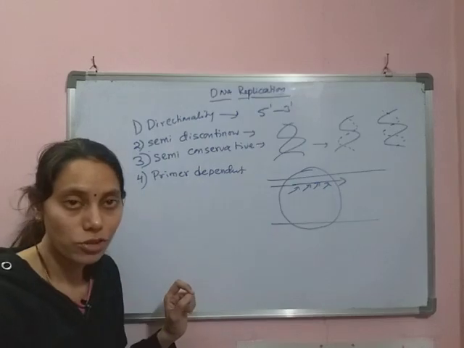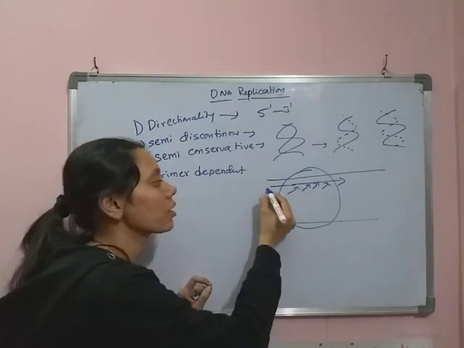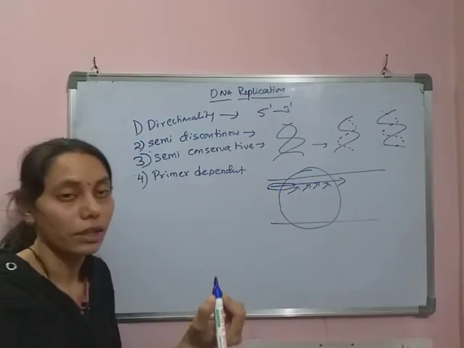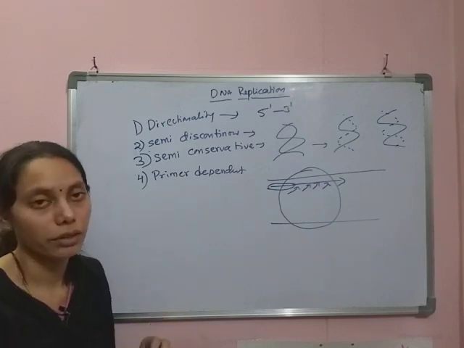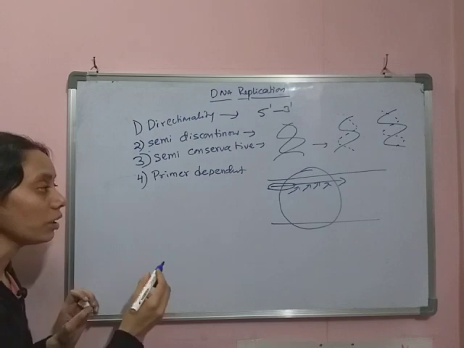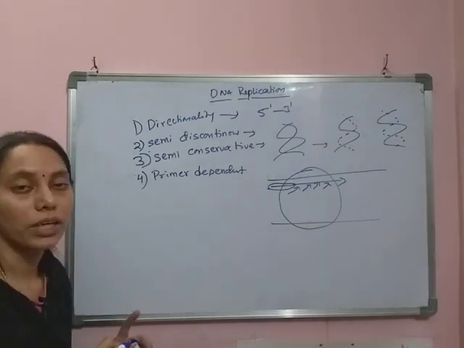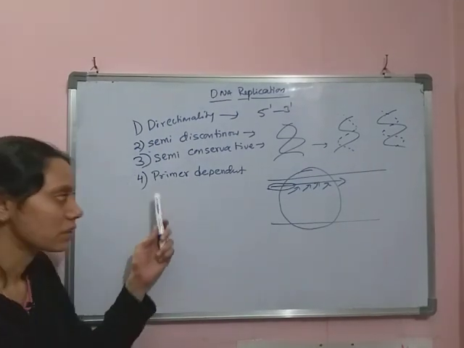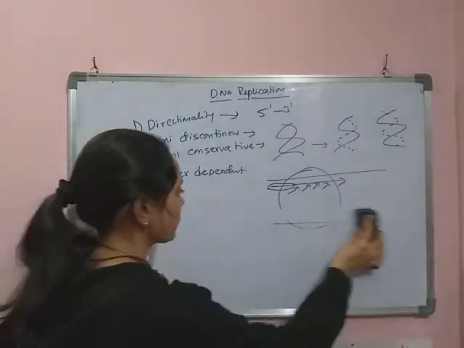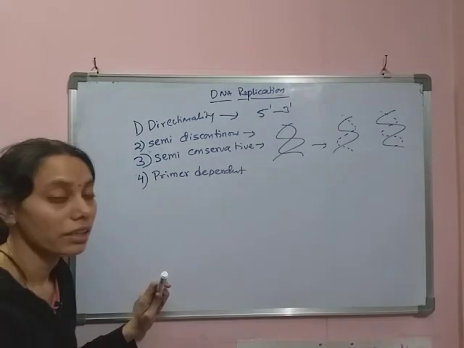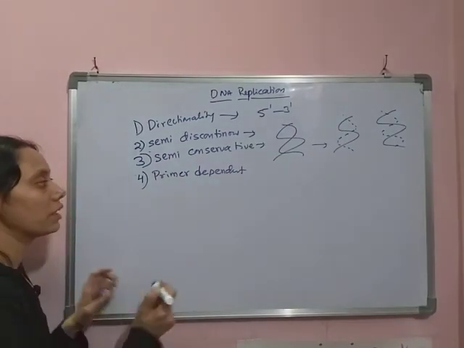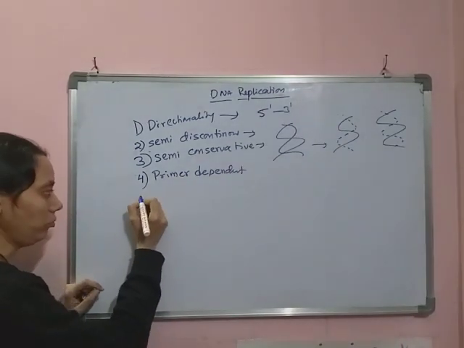So for the addition of nucleotides it needs some small part of DNA which is called a primer, which is an oligonucleotide. So without primer the DNA replication cannot be carried, hence it is called a primer dependent process. The DNA synthesis cannot be carried de novo, but it needs a primer for initiation.